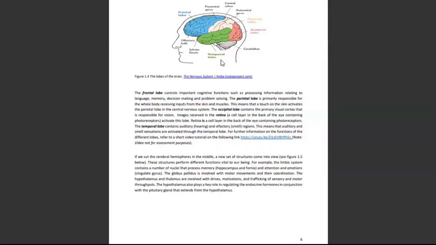This structure has the frontal lobe, precentral gyrus, central sulcus, postcentral gyrus, parietal lobe, occipital lobe, cerebellum, temporal lobe, as well as these two, that is the Sylvian fissure, as well as the olfactory. Let's see the functions here.